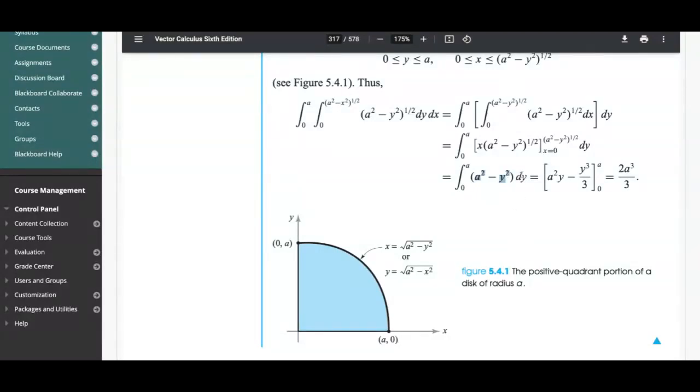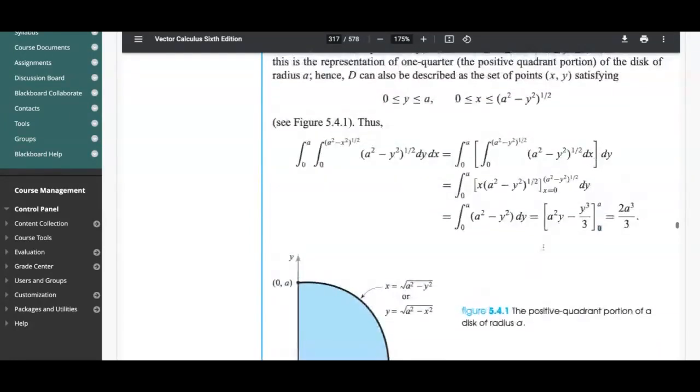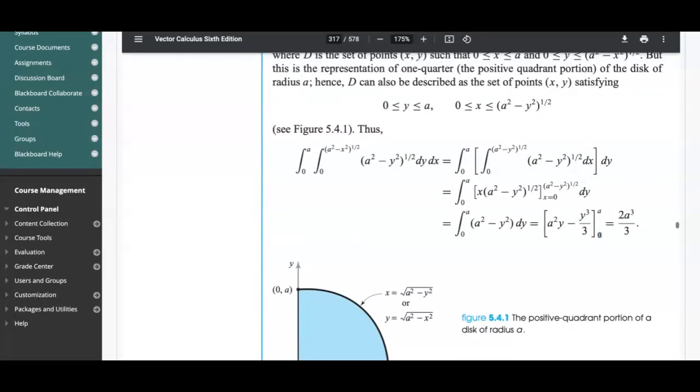Then we evaluate in the y direction. A squared becomes a squared y. Negative y squared becomes negative y cubed divided by 3. Then we evaluate from 0 to a, and get 2a cubed divided by 3. So this is a change of order of integration.